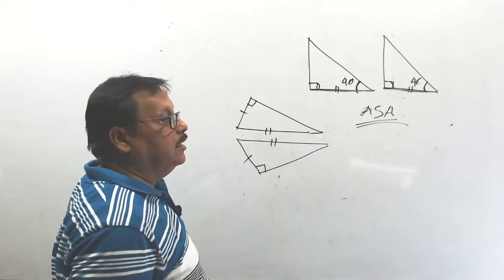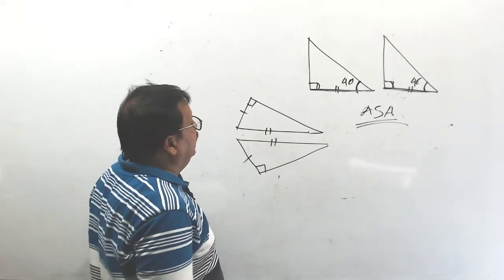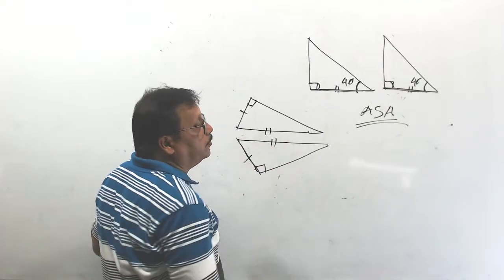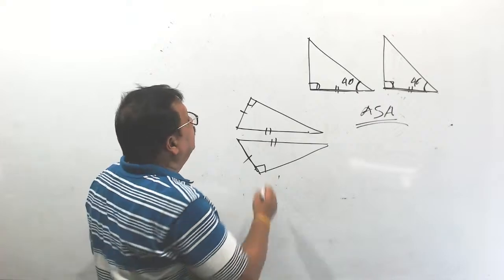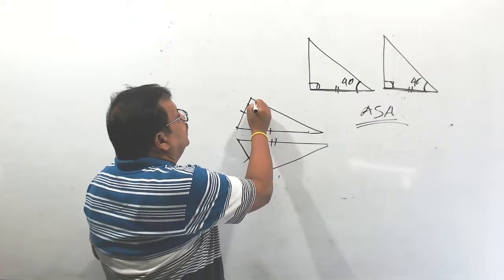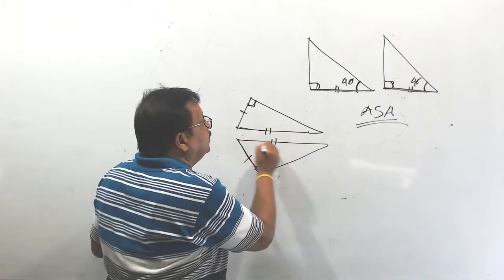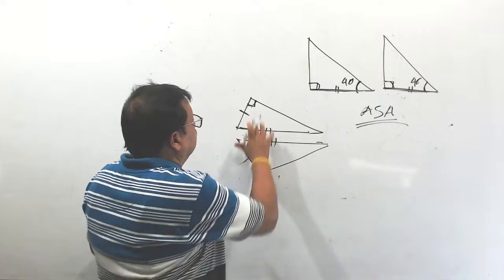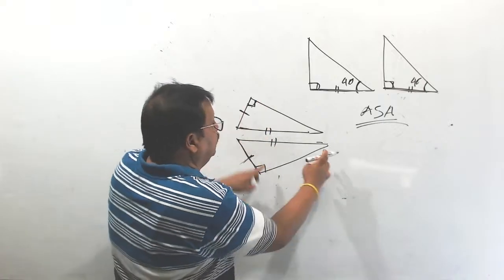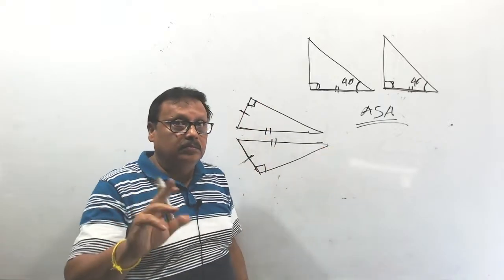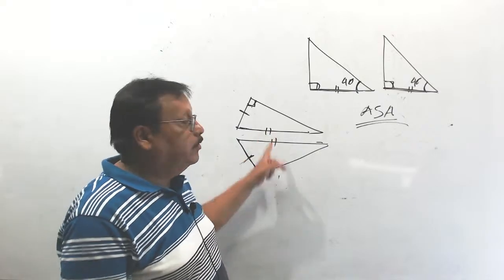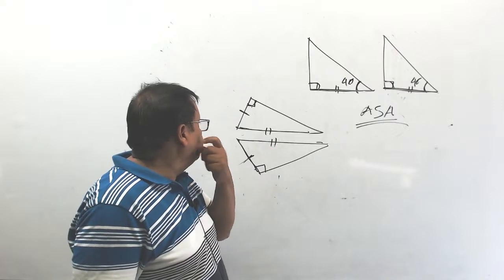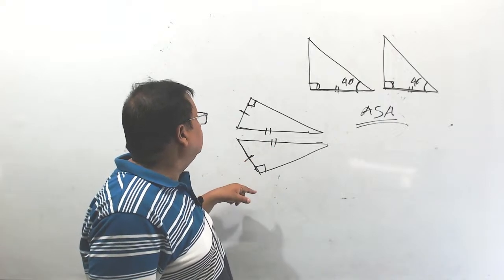See, that is the hypotenuse. Which side is called the hypotenuse? The opposite side of the right angle is called the hypotenuse. Hypotenuse equal for both triangles, and any other side, corresponding side. If this side is equal to this side, no, this will not fulfill the properties of congruency.